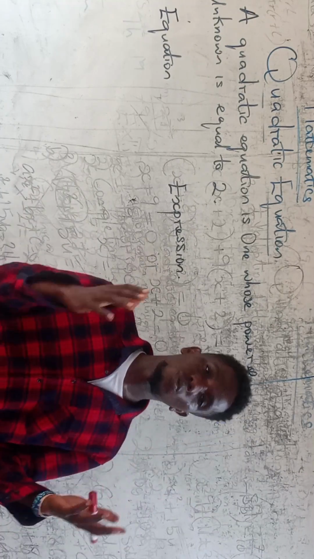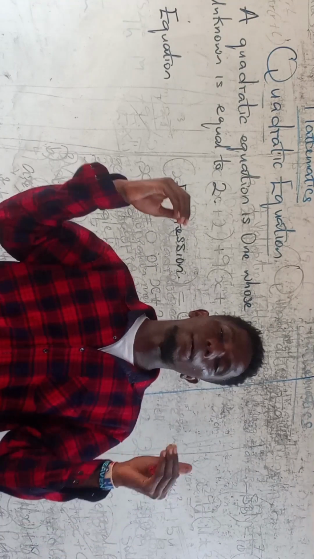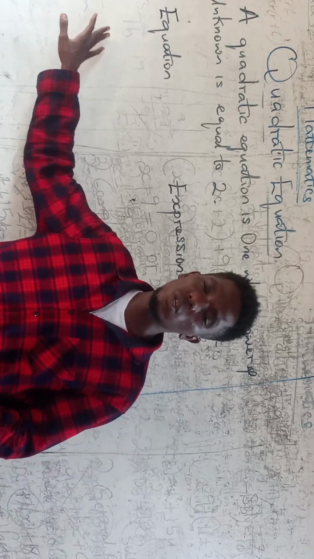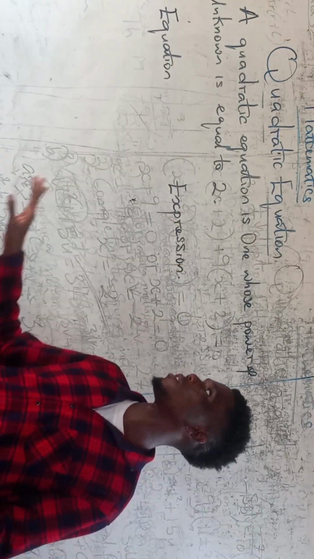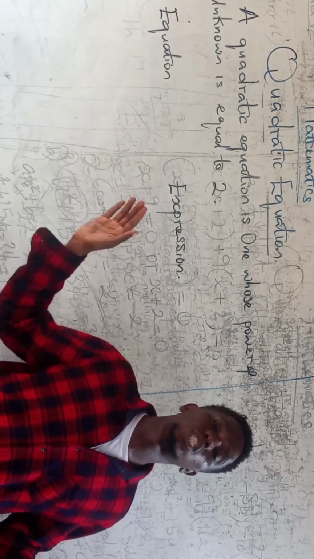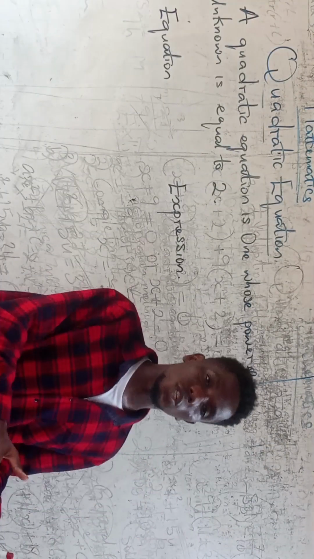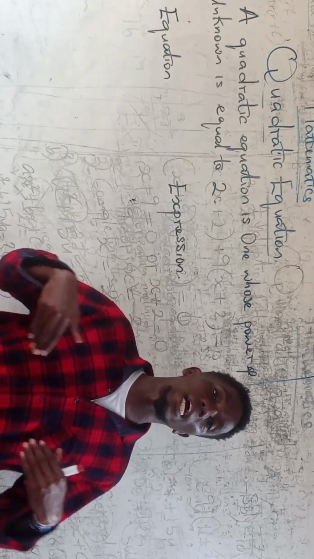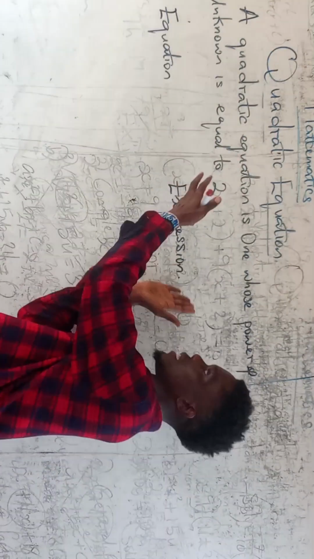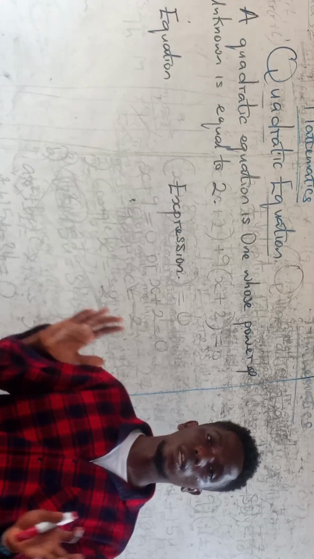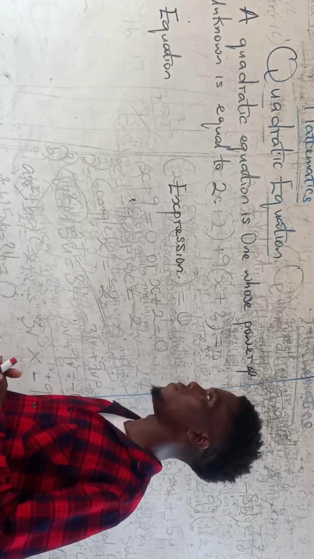Some say an equation is still the same as an expression, but I'm here to tell you that an equation is entirely different from an expression. They are not the same thing. So I'm going to show the difference between an equation and an expression, and once I've done that, we'll be able to use that information to get a better understanding of what a quadratic equation is all about. So let's dive into it.